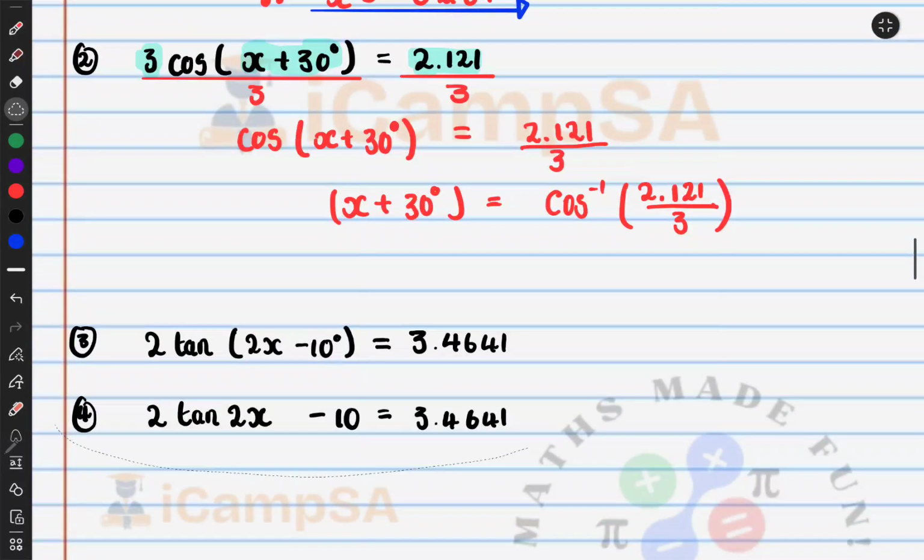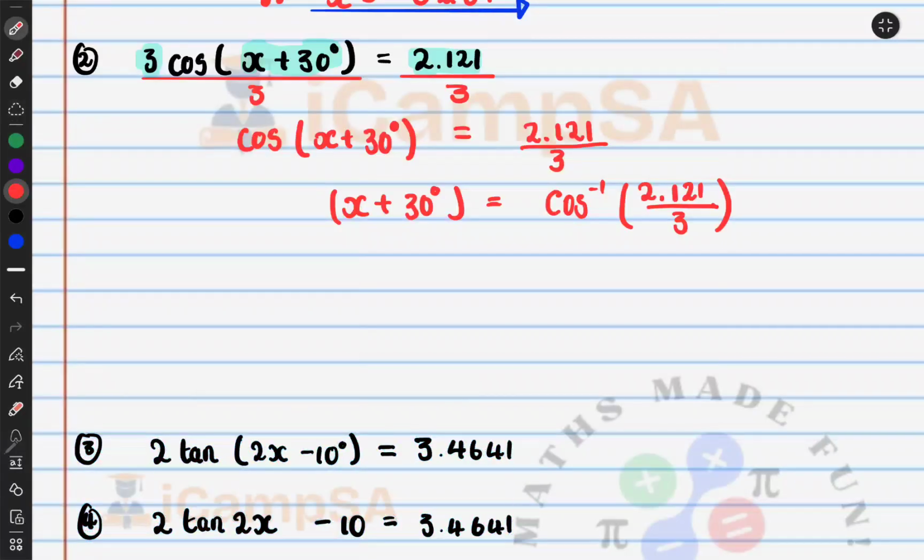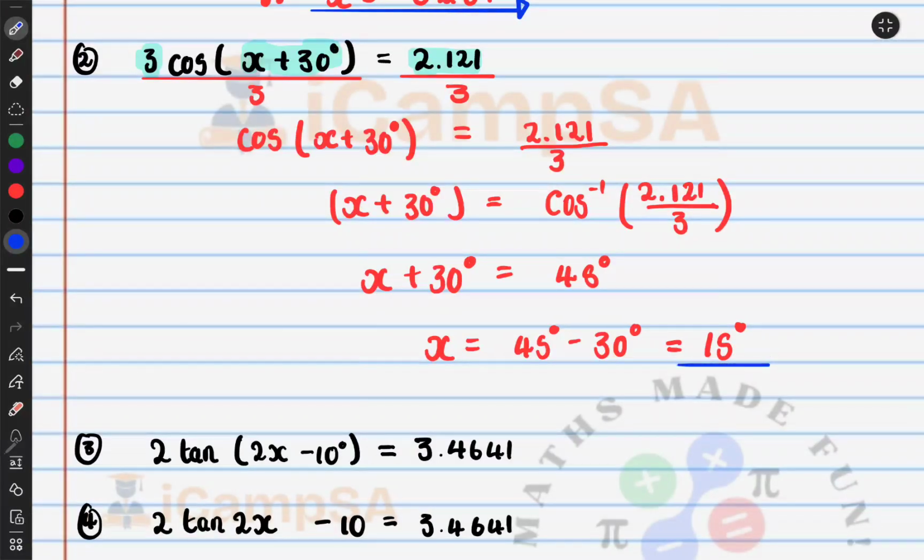We evaluate that with the calculator, and then x plus 30 degrees is equal to cos inverse of 2.121 over 3. That is equal to 45 degrees. We take the 30 to the other side, therefore x is equal to 45 degrees minus 30 degrees. 45 minus 30 is 15 degrees. That is the value of x, 15 degrees.